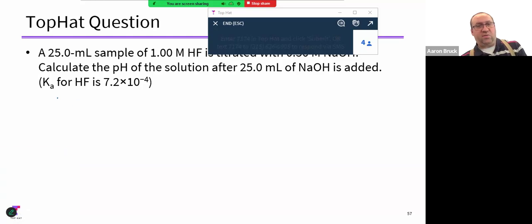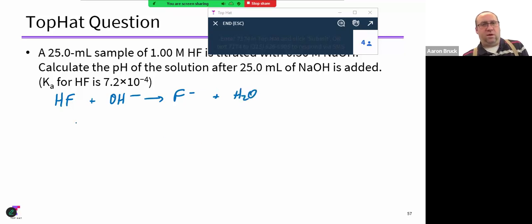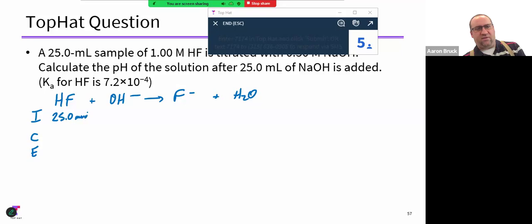And to answer that question, we need to set up a stoichiometry, so we need to set up a modified ICE table like we have in the past. And so starting with our hydrofluoric acid, 25 times 1 would be 25.0 millimoles of HF.